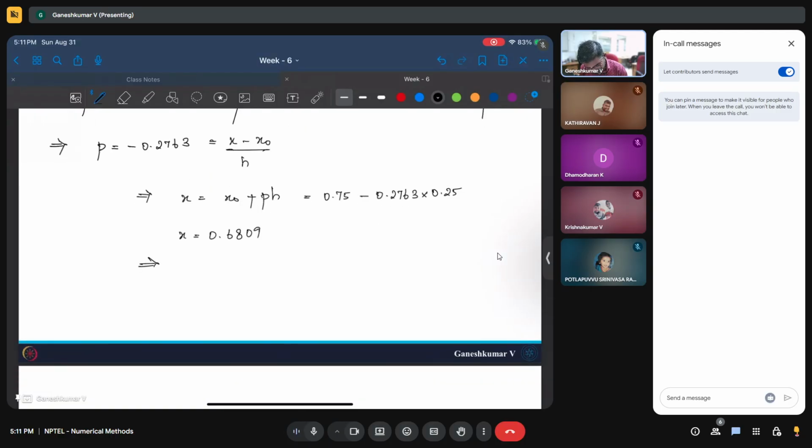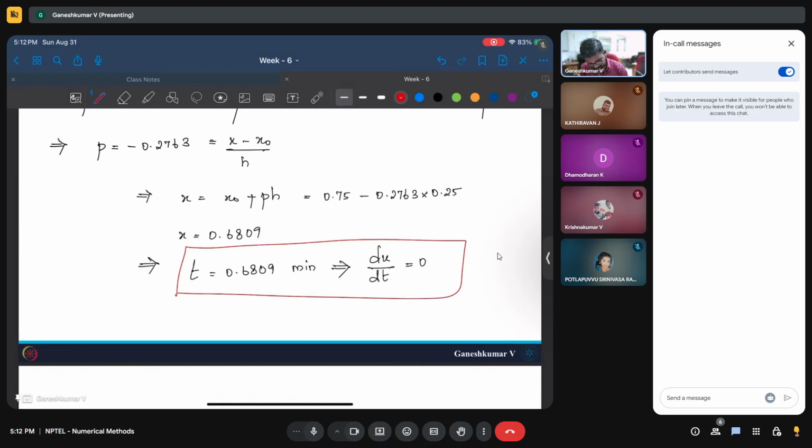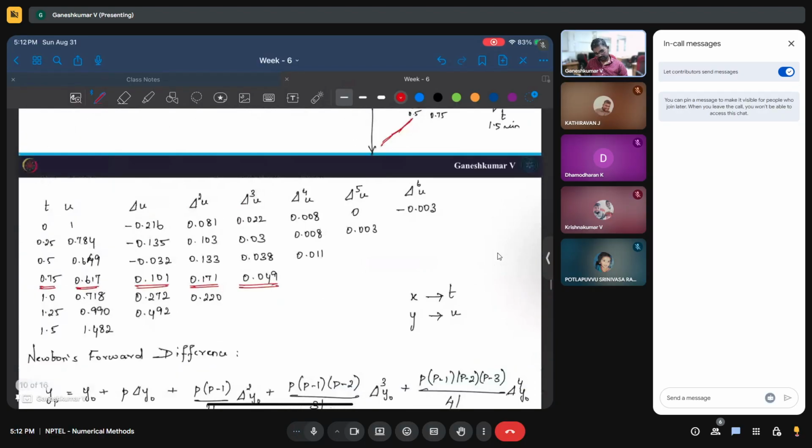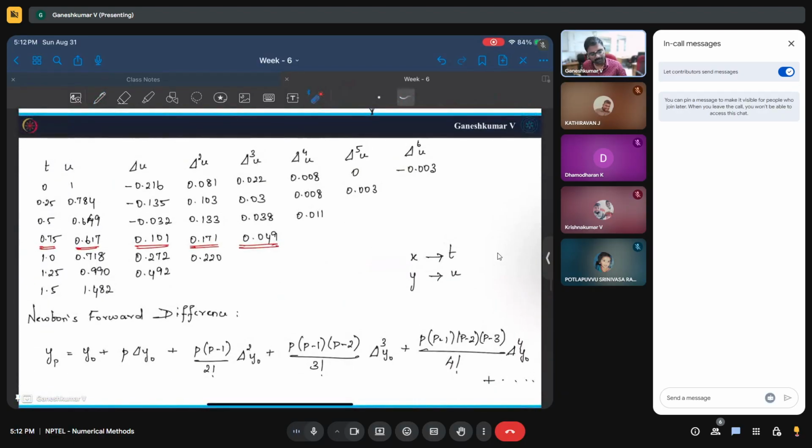which is basically time, t equal to 0.6809 minutes. So at this place, your du by dt is 0. Sorry, du by dt is 0, correct. Acceleration is 0. So this is what we were asked. Fine. Okay. Is that clear? So basically it is lying between, as we guessed before, 0.5 to 0.75.